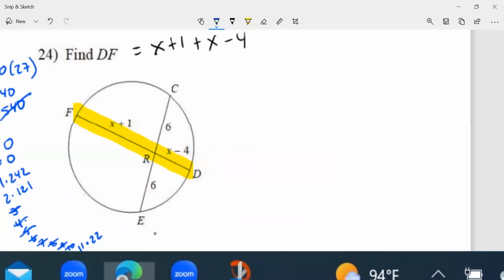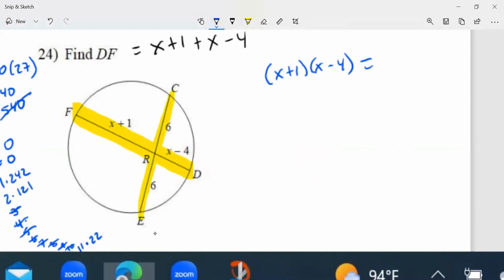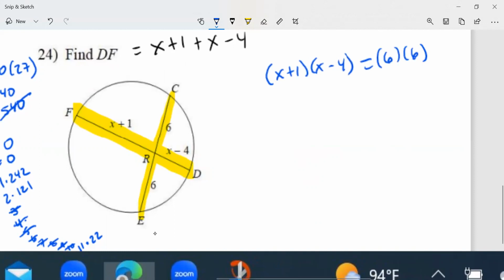The big segment that I gave you here is made by the measurements x plus 1 times x minus 4. The other segment is made by the measurements 6 and 6, so 6 times 6. So distribute first. That's going to give me x squared minus 4x. Distribute the 1, it's going to give me plus x minus 4.